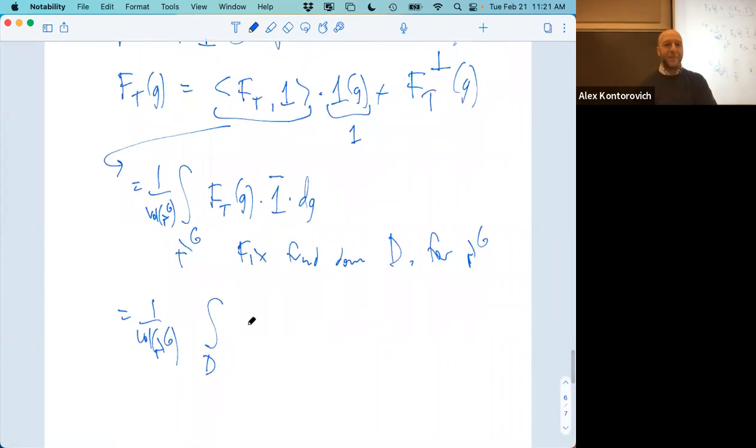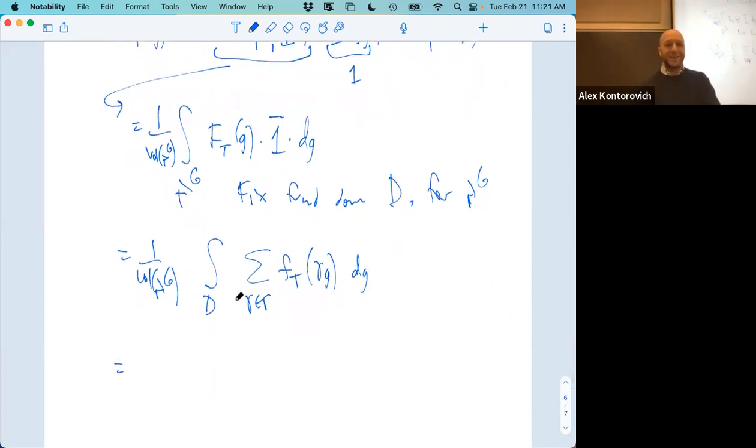And then F, capital F, is a sum of little f at gamma G summed over gamma, times 1 dg. It's the same thing that we've done 1,000 times in this application. Looks like this. I have this 1 over volume.